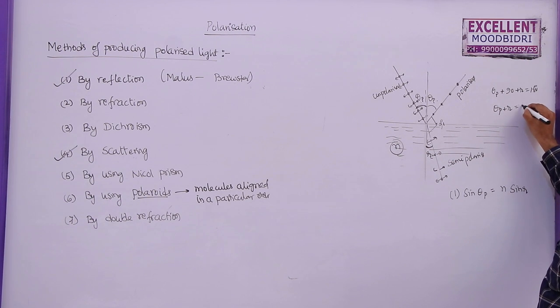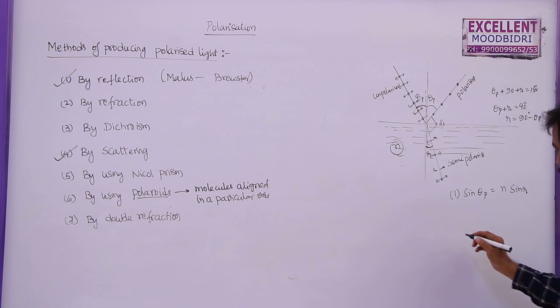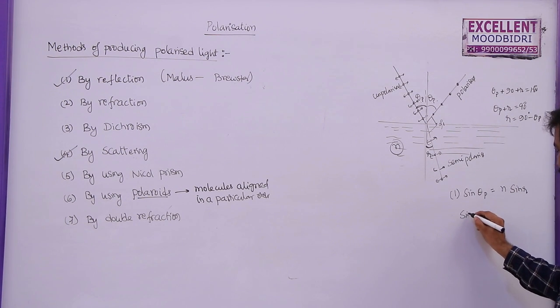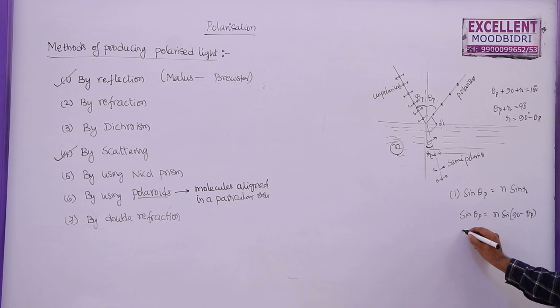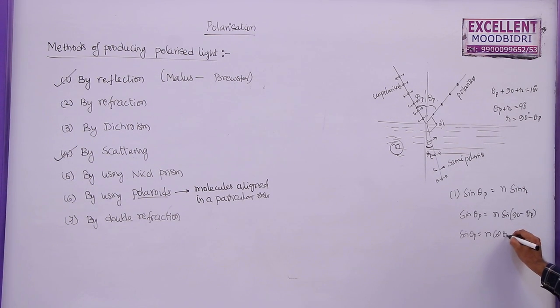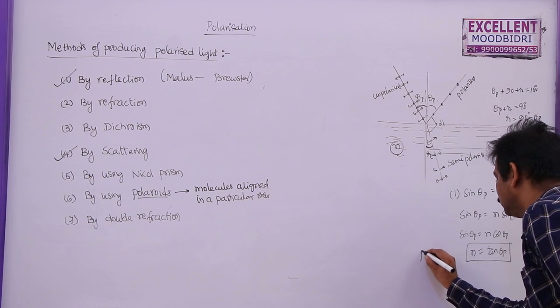Theta p plus r is equal to 90, or r is equal to 90 minus theta p. So now I am going to write sin theta p is equal to n sin of (90 minus theta p). Sin theta p is equal to n cos theta p. So n can be written as sin by cos, that is tan theta p, which is known as Brewster's angle. So this is called Brewster's angle.